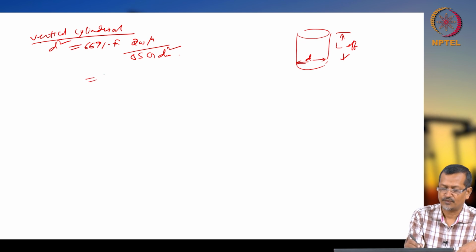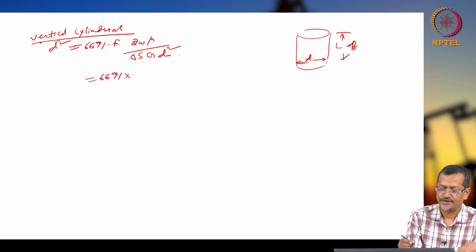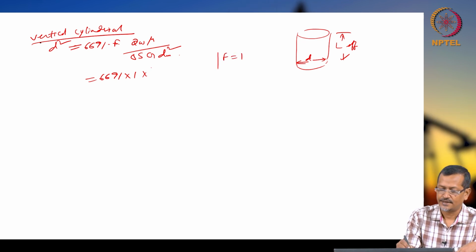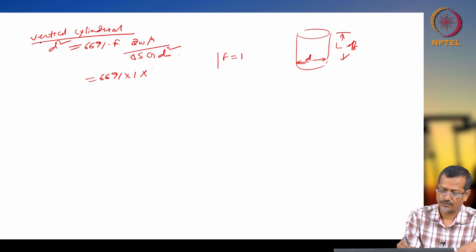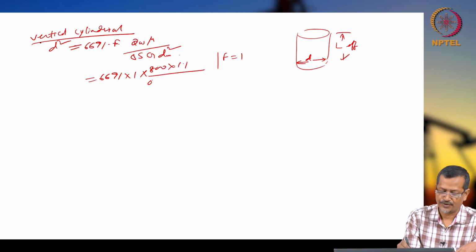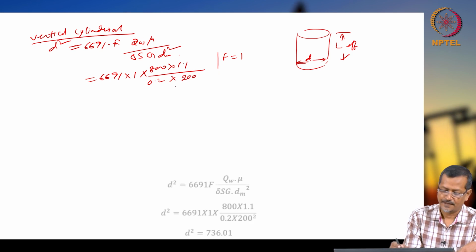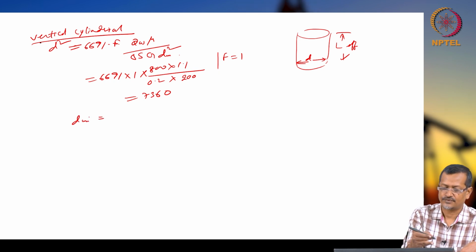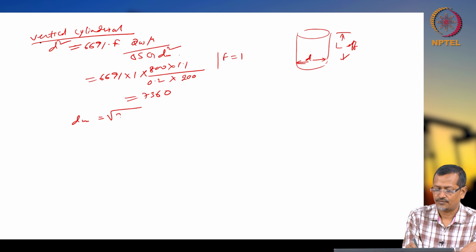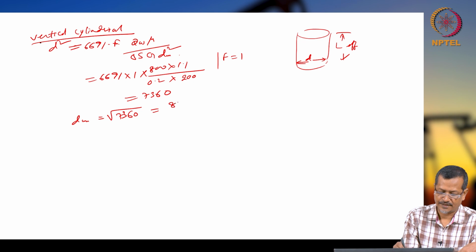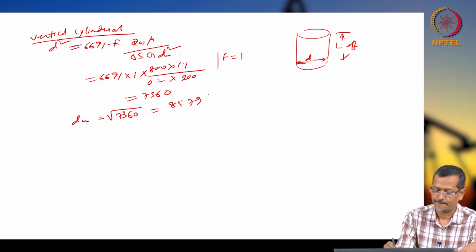Directly put 6691, F initially assumed 1. Then Q W is 8000, mu given as 1.1, del S G actually 0.2, and d m equals 200, as already taken. So it is coming 7360. So d min is the square root of 7360, which comes to 85.79.